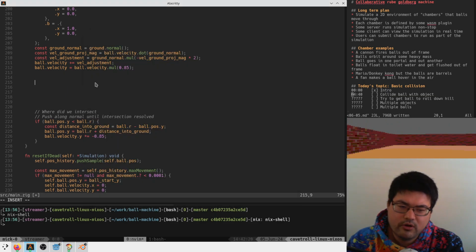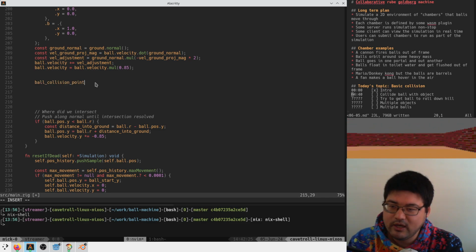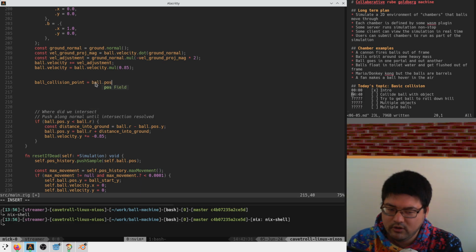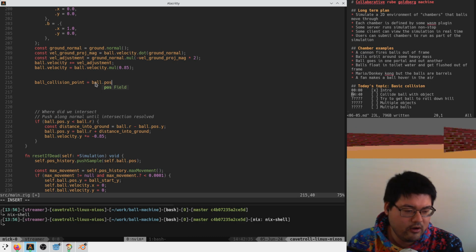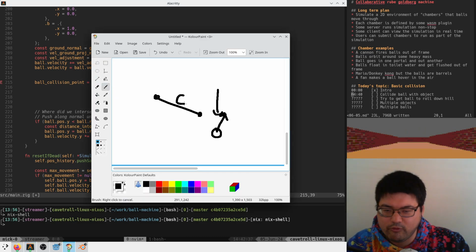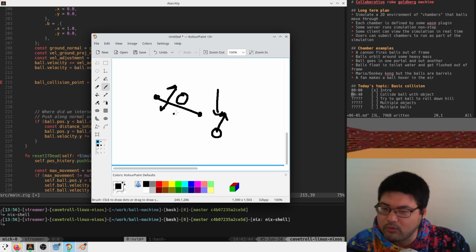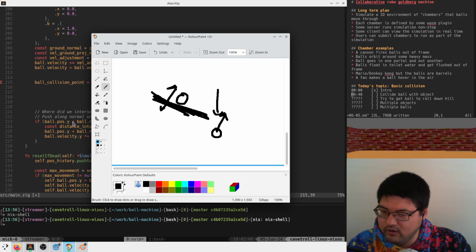Okay, so ball collision point is going to be the ball center, but we have to offset it by where it would hit, right? So if we have the ball here, we're basically trying to walk radius distance along the normal of this plane, which is where the ball will hit, I think.